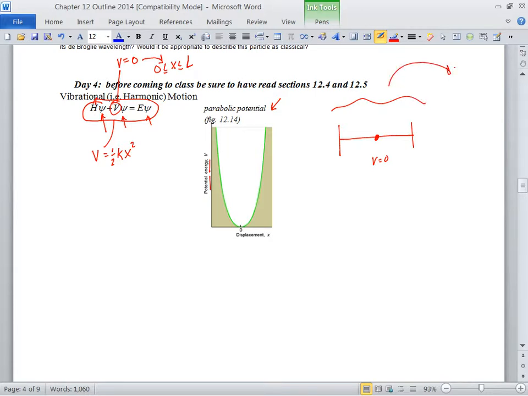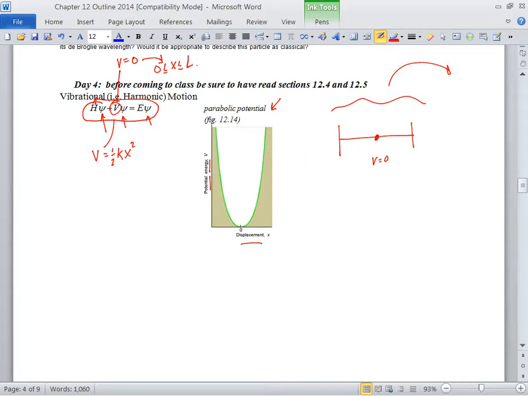Here it is, a spring, right? As long as that weight is right there in the center, if I could stop it from bouncing, that's where V equals 0. So x is just how far I pulled it from 0. They really want to see its displacement.